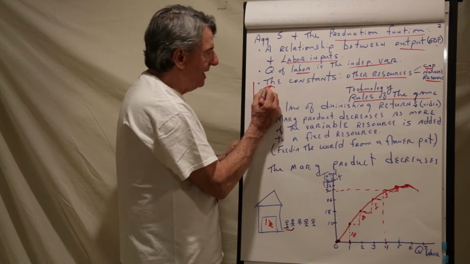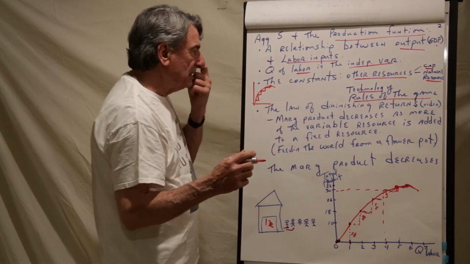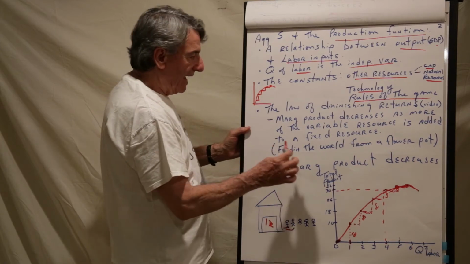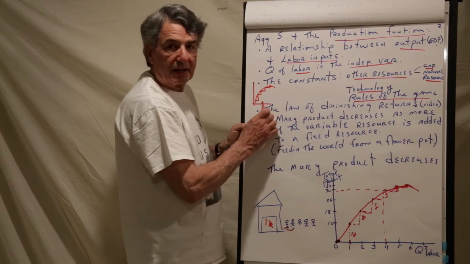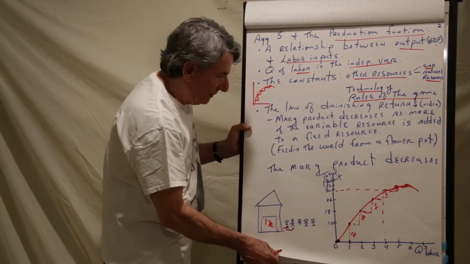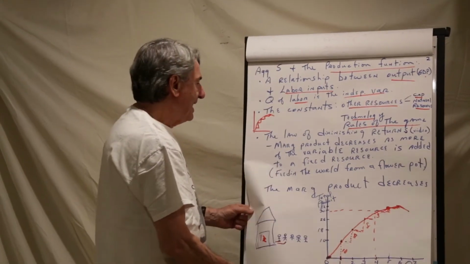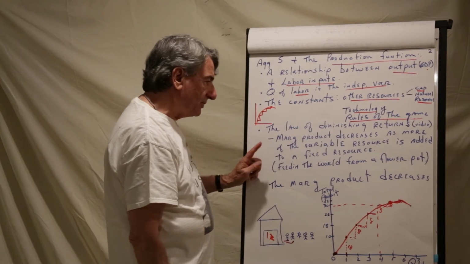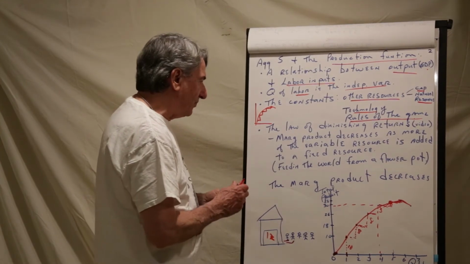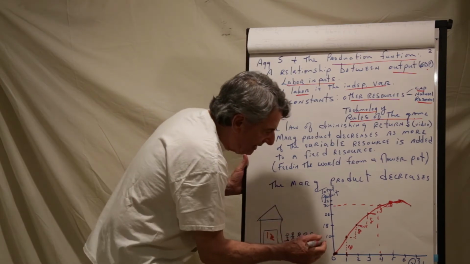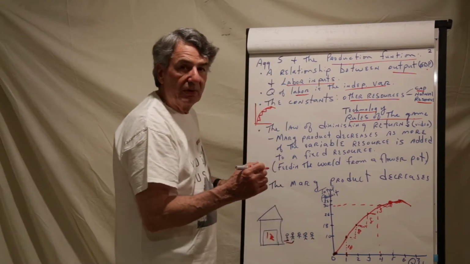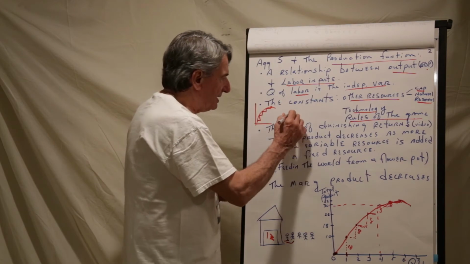The law of diminishing returns says, as you add more of the variable resource to a fixed factor, the marginal product gets smaller and smaller. So that's the law of diminishing returns. If the law of diminishing returns didn't exist, then theoretically, every time you added another worker, you would get a constant increase in your output.